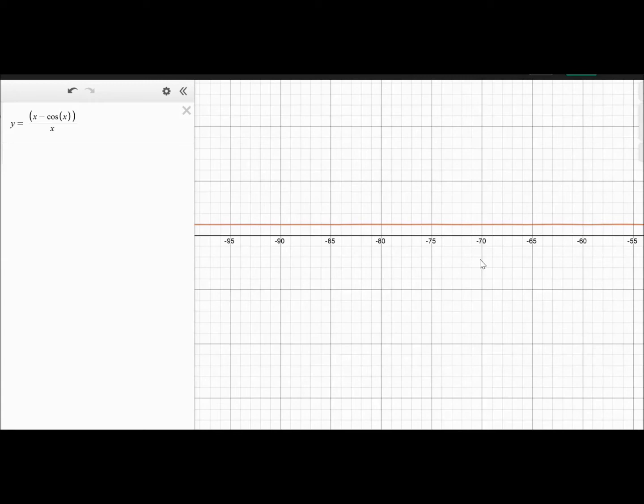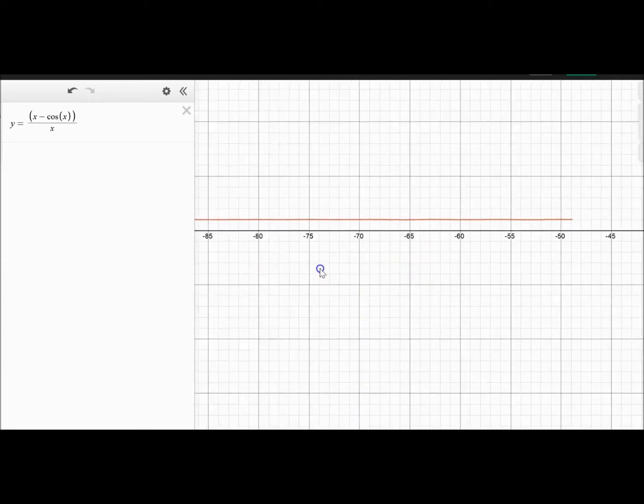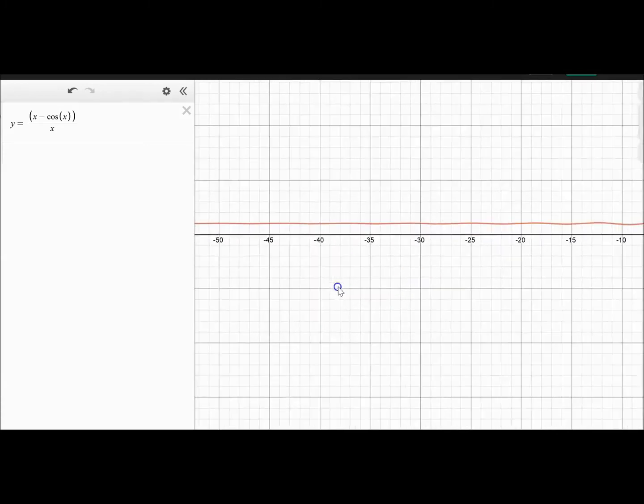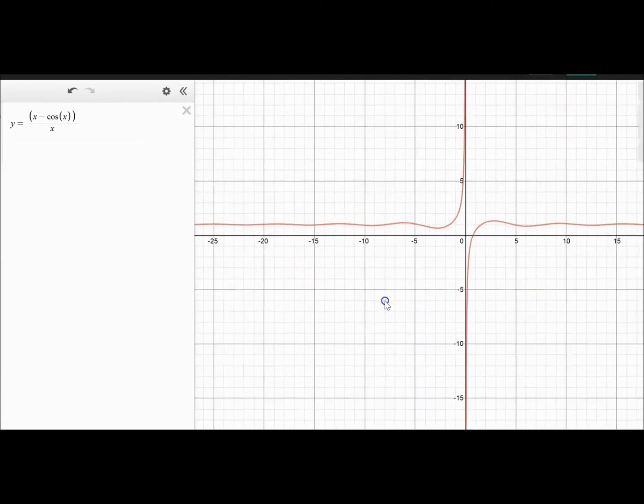And so, once again, that's 1. You get the same limit as you go to plus or minus infinity. I'm going back to the origin there so you can see they both go up to 1. And what's happening is all those wavy bumps get lower and lower and lower until eventually it approaches 1.